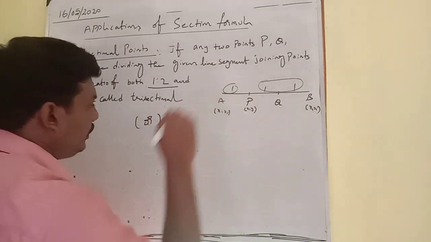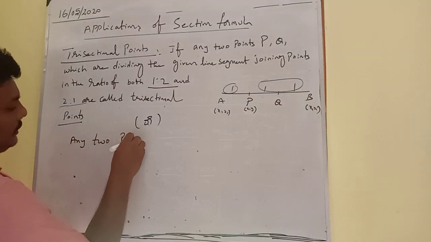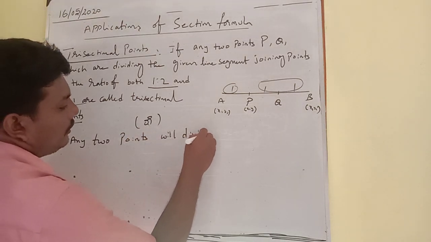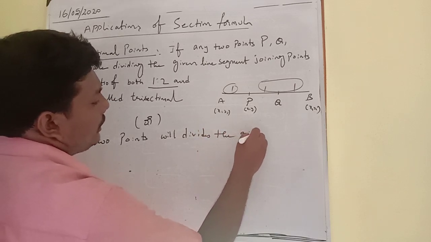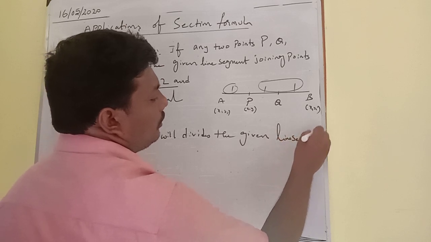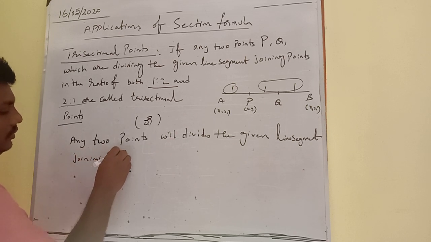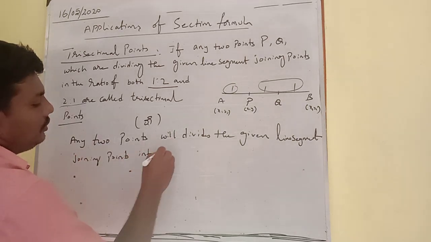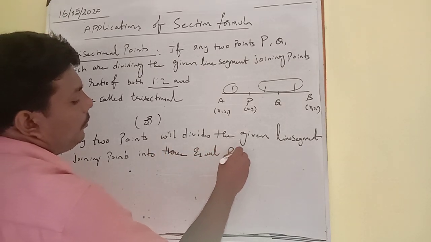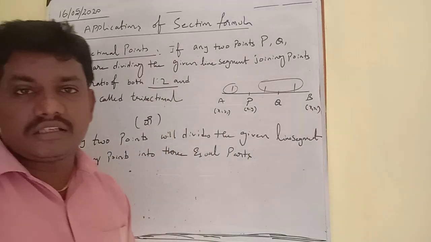Or another definition: any 2 points that divide the line segment joining points into 3 equal parts are known as trisection points.